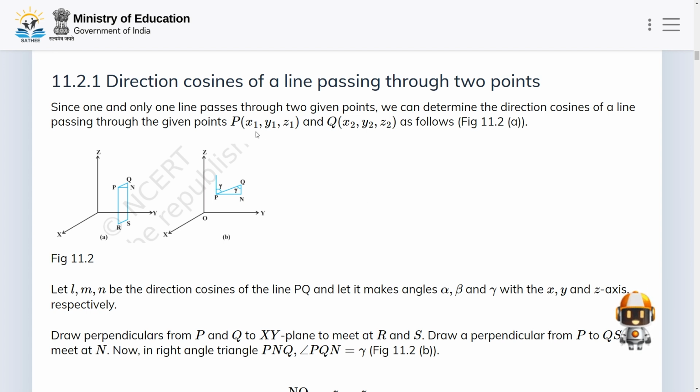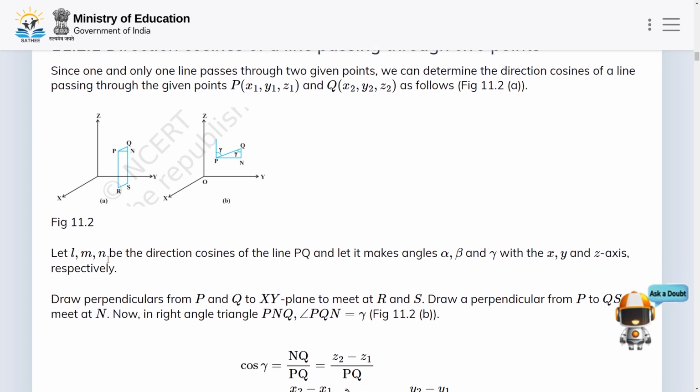Quite simple. If you have 2 points P and Q, then let l, m and n be the direction cosines of the line PQ. Let it make angles alpha, beta and gamma with the x, y and z axis respectively. As you can see, the PQ line here, the alpha angle, the gamma and beta.